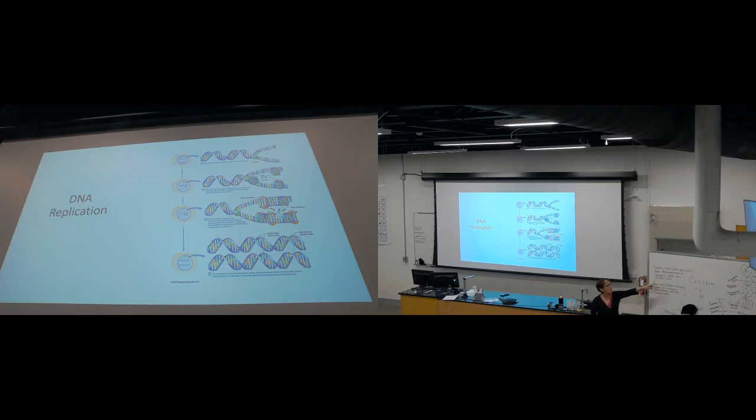Diploid cells have two sets. This is 2n, two sets, or 23 pairs, which is 46 chromosomes. And then sex cells, which are the sperm and the egg, have 23 individual chromosomes, 1n, one set, or haploid.